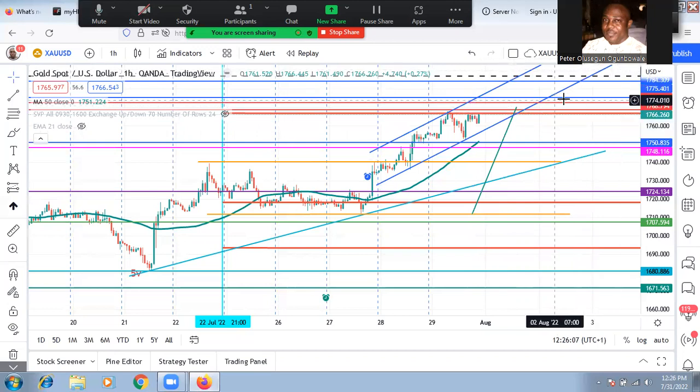So the price action is between 1784 and 1775. That's about 90 pips.